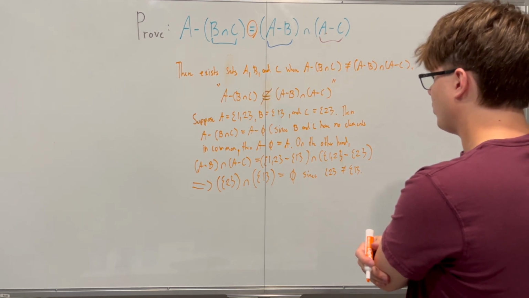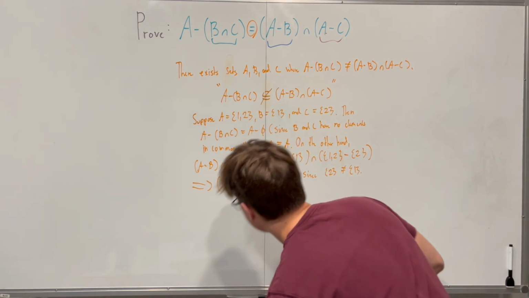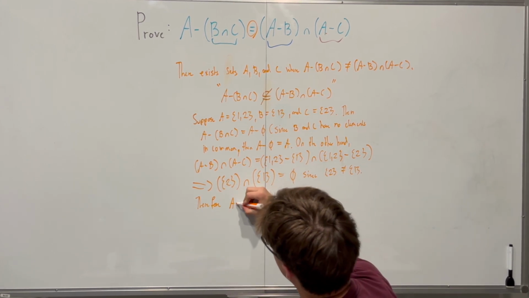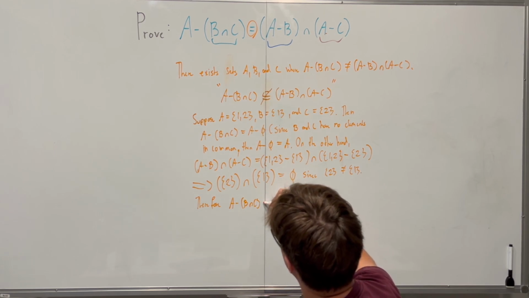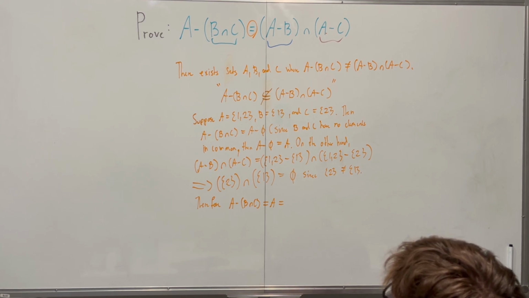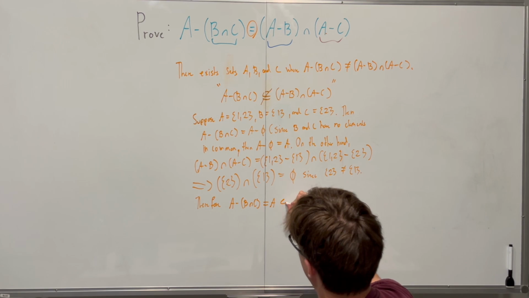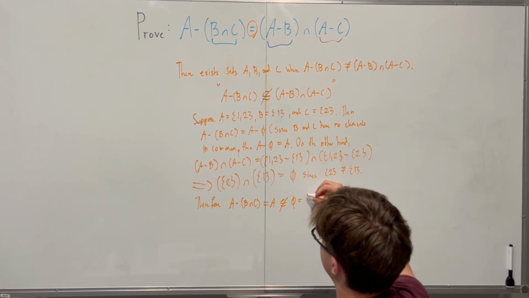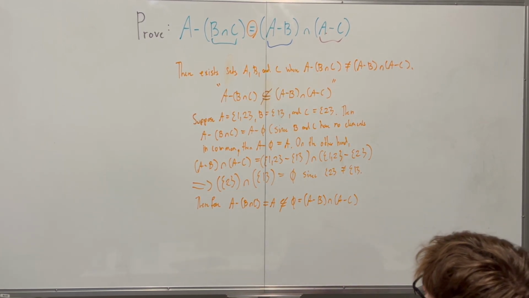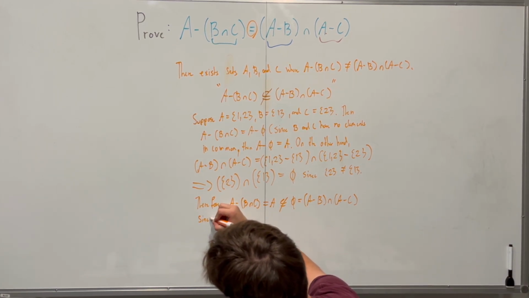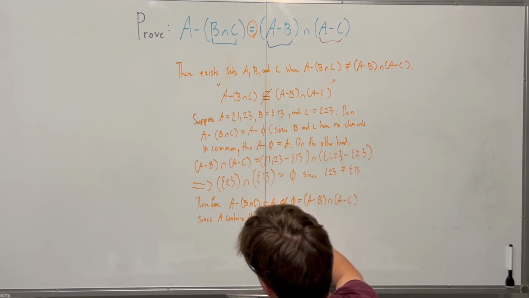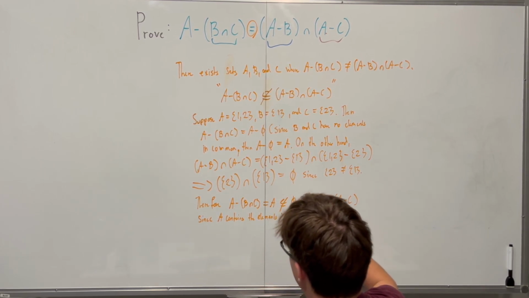And what do we notice? Well, we notice that therefore A minus (B intersect with C) is equal to A, which is not a subset of the empty set, which is equal to (A minus B) intersect with (A minus C), since A contains the elements 1, or we can just use one example, right?